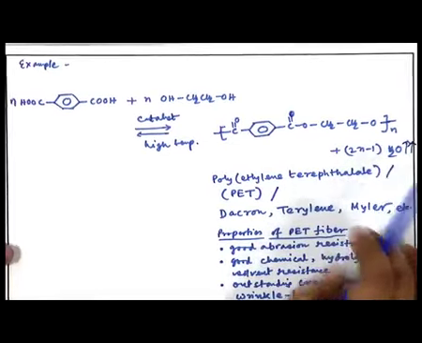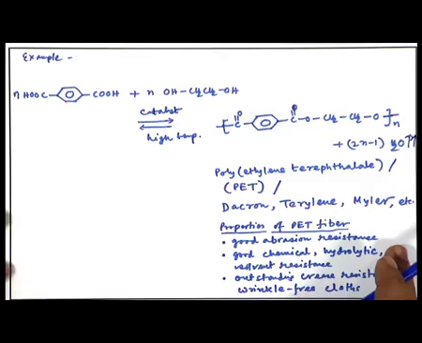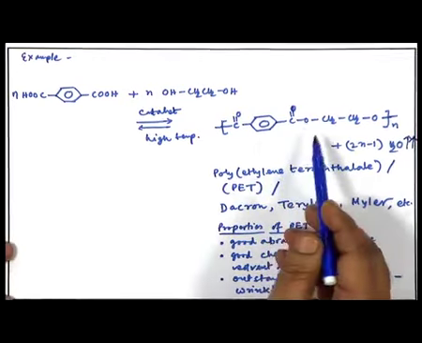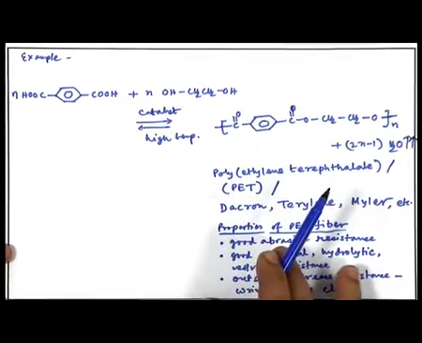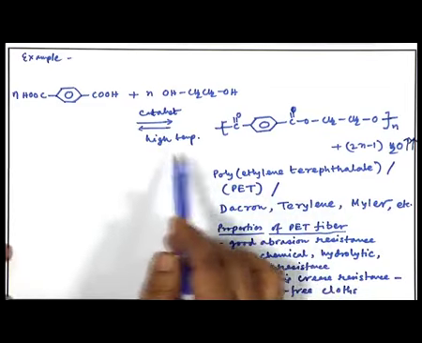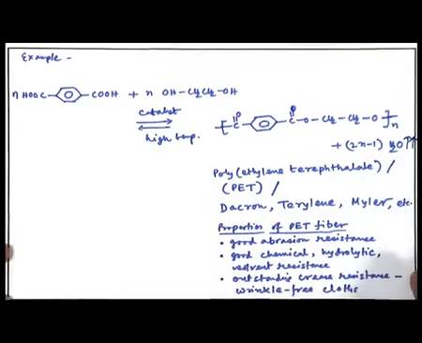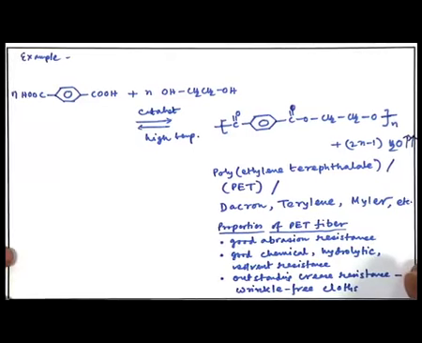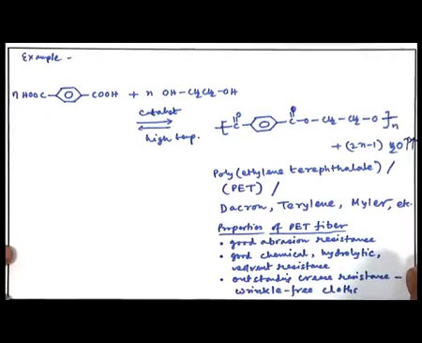So, to make this polymer formation feasible, we have to work in the presence of a catalyst, mostly acid catalyst, use a high temperature, and take out the water, which is a byproduct or condensate of this reaction.